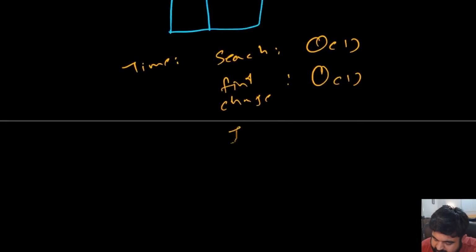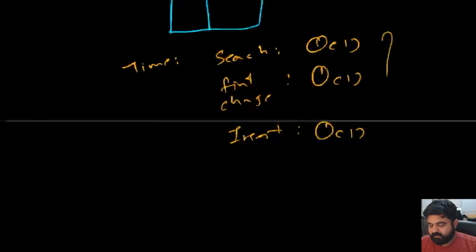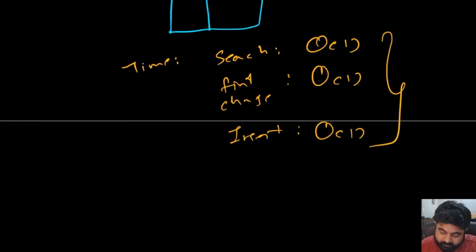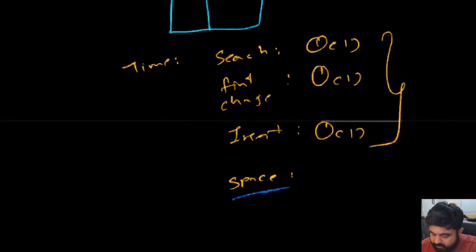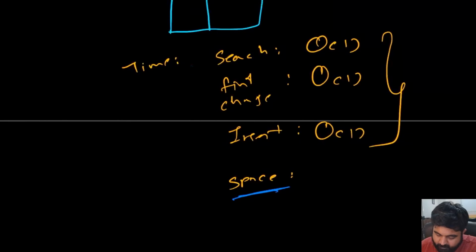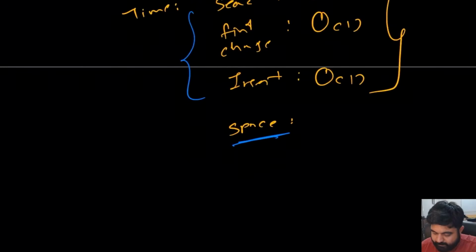If you want to insert something, this can also be done in constant time. So this is great at a lot of things. The only issue with the hash map is that it consumes a little bit of extra space, but you can always tolerate or take care of space complexity, but the time complexity saving is going to be huge.